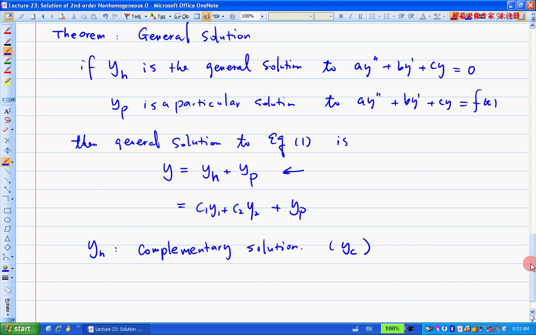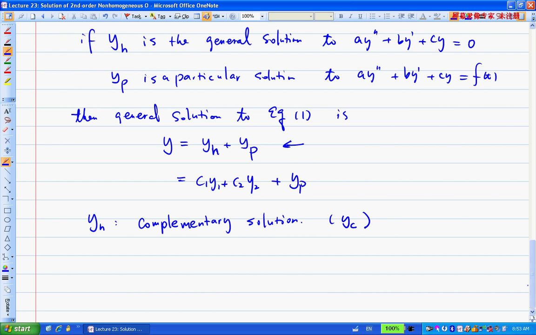In order to obtain this YP, we're going to look at different cases. First, we're going to look at when A, B, C, basically the coefficients here, are all constants. So that's a simple case.